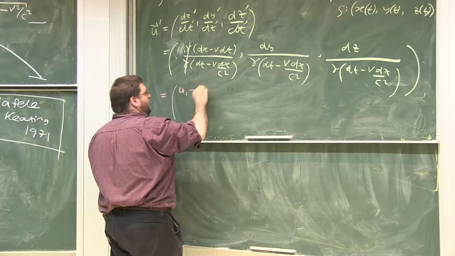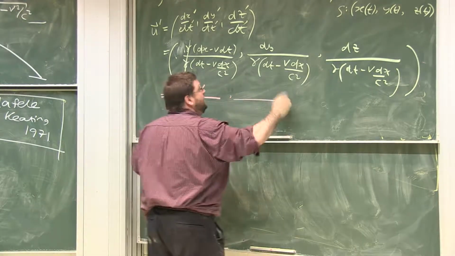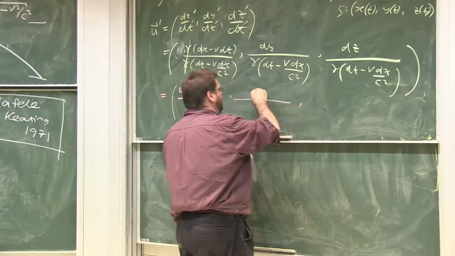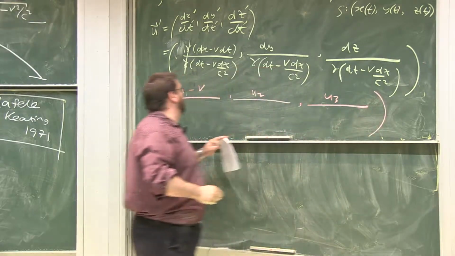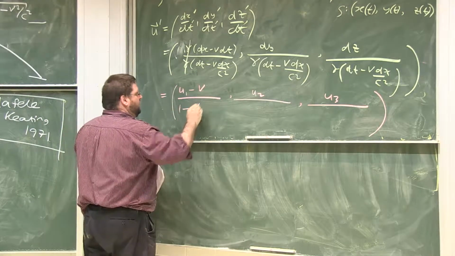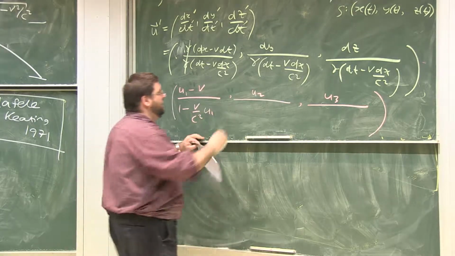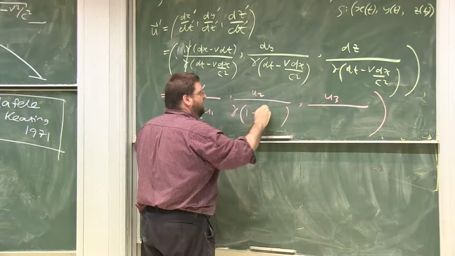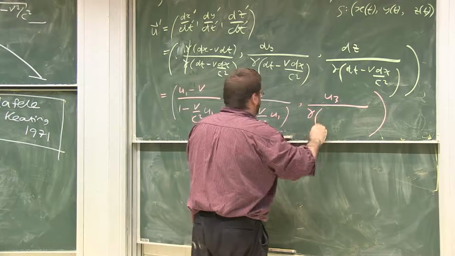I've divided through by dt, so the dt disappears. This becomes dy/dt, which is u2. And similarly for u3. Down the bottom, I've divided through by dt, so this becomes a 1. This becomes dx/dt, which is u1. Gamma factor, divided by dt, which gives a 1. V on c squared, dx/dt, which is u1. Same denominator here.